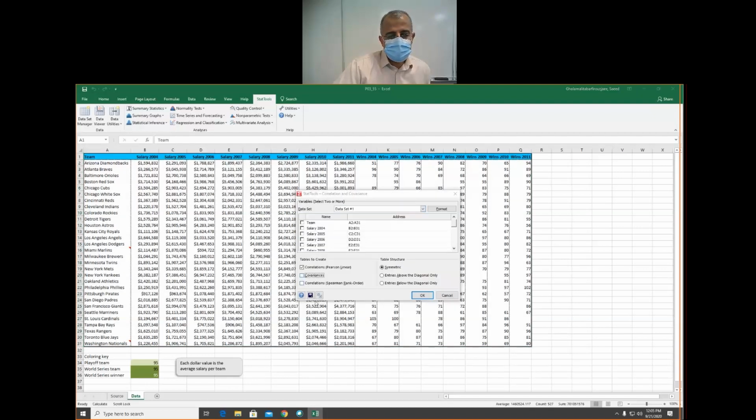You want to take the correlation, and we need to select these wins, Wins 2007, 2008, to see if they are related. Okay, symmetric, and correlation. And click OK.